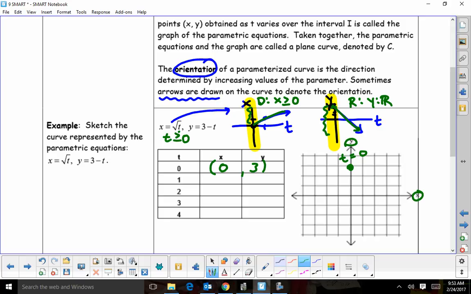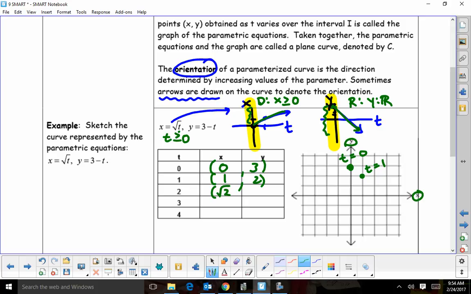Anytime you're in parametric and polar, you guys, it's so beneficial if you plot that parameter, like stating where you're at. Okay? Do the next point. 1, 2. So now at 1, 2, and that's when t was 1. Do the next point.